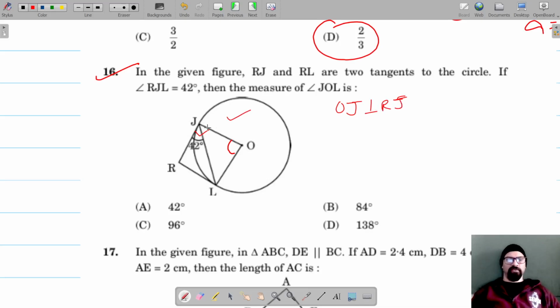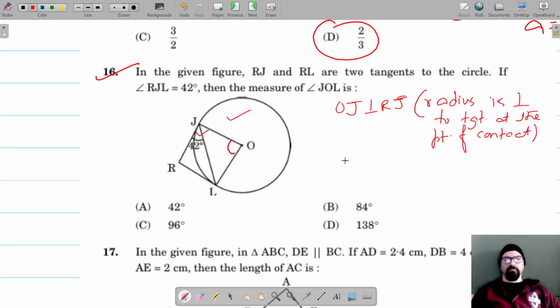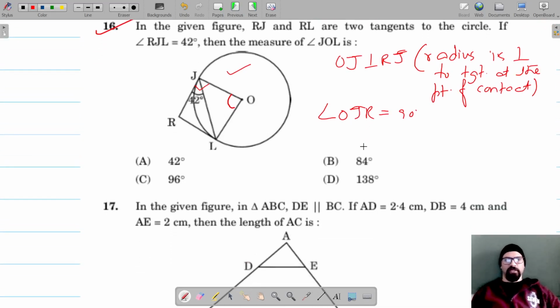Reason being OJ is radius, and we know that radius, that is from center, is always perpendicular to tangent at the point of contact. So that means angle OJR is equal to 90 degree. So if angle OJR is equal to 90 degrees, that means angle OJL is 90 minus 42, which is 48. So this angle is 48 degree.